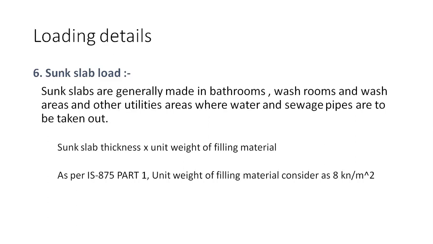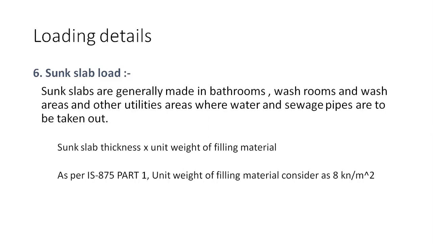So the calculation of self weight is sunk slab thickness into unit weight of filling material. Filling material means IS 875 part 1 provides many filling materials. In most of the cases, we provide cinder type of filling material.